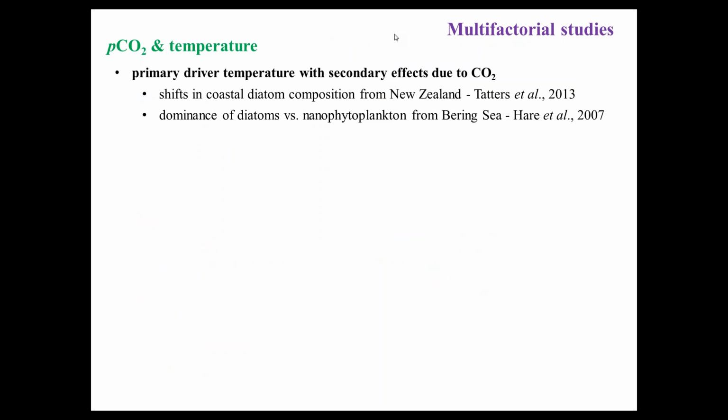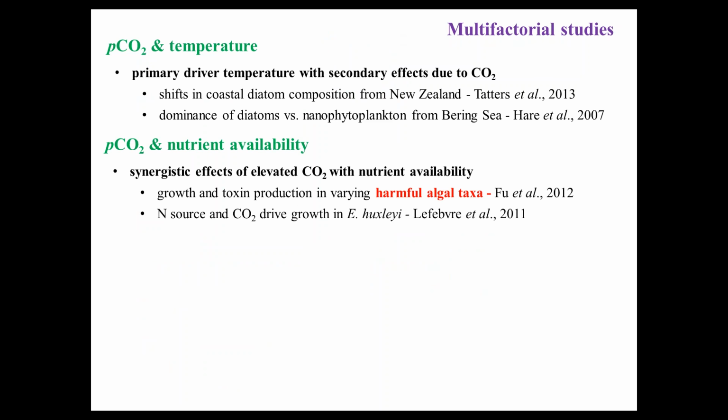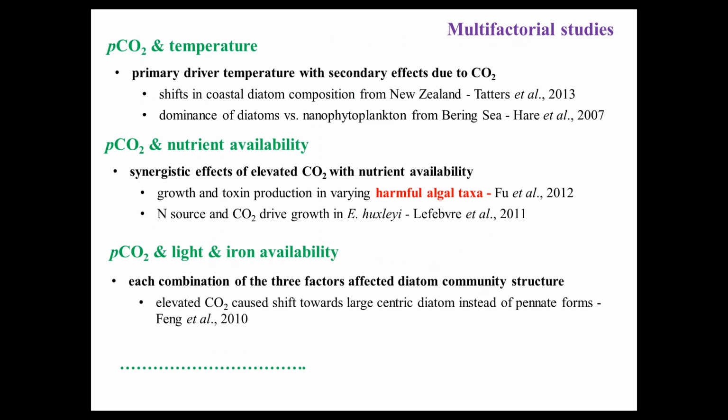This was one that we did for looking at mixed communities under different CO2 conditions. There's a growing number, like I said in the beginning, of multifactorial studies where you look at CO2 and temperature, CO2 and nutrient availability, CO2, light and iron availability. What all of these have started to show is that there are species-specific responses that could have true implications for the entire food web as a whole.